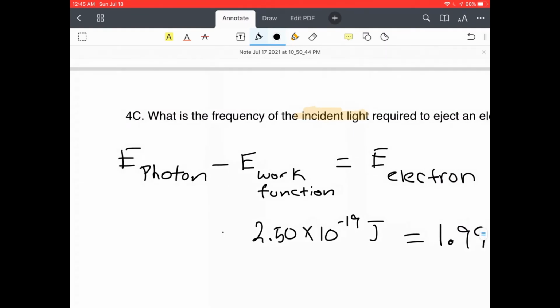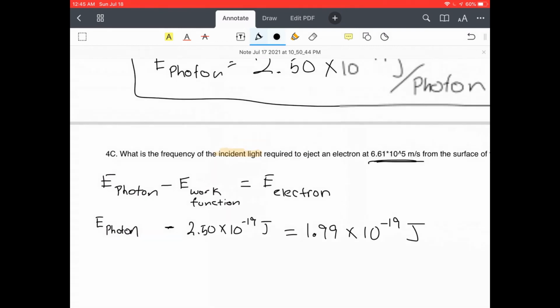And then finally, fill in the rest of our equation. Energy of the photon is our variable, minus our work function is equal to our energy of our electron. Perfect. So now I need to get the energy of our photon all by itself. So what I'm going to do is add this value on both sides.